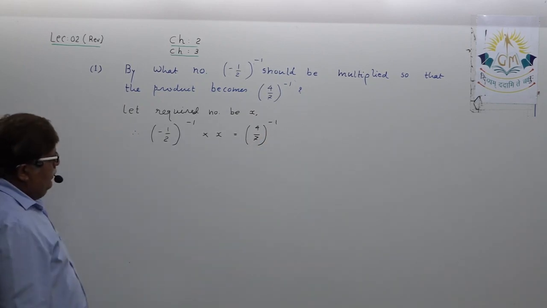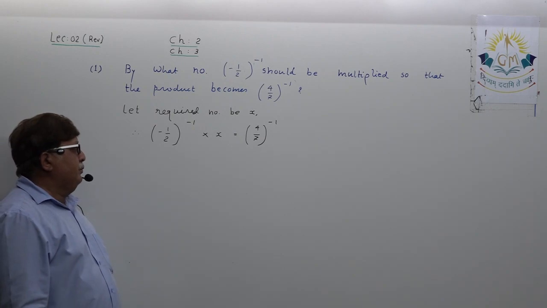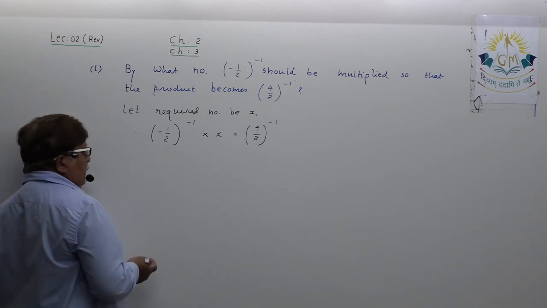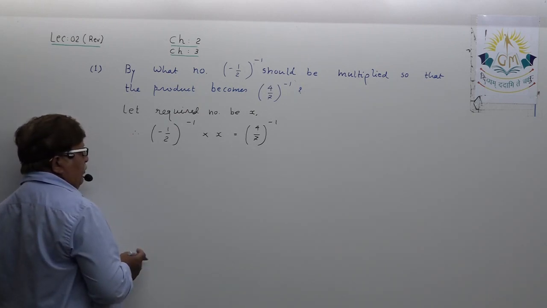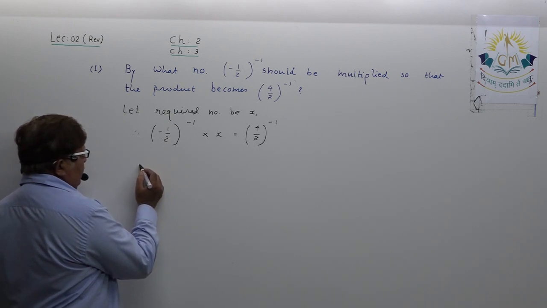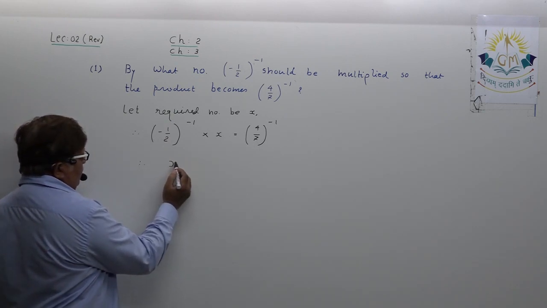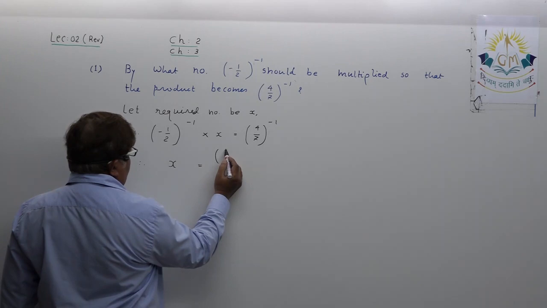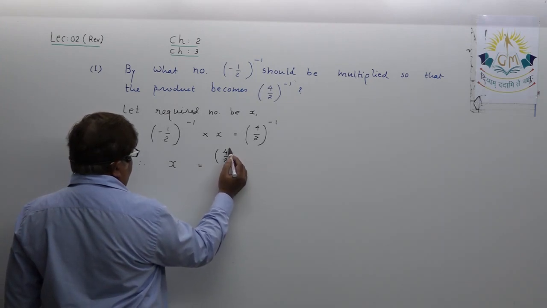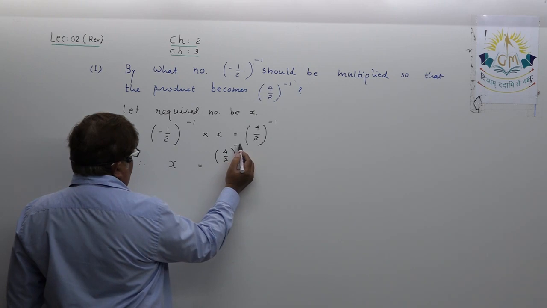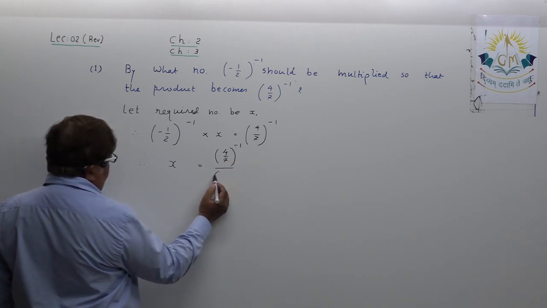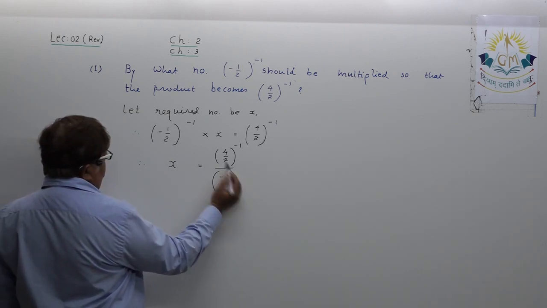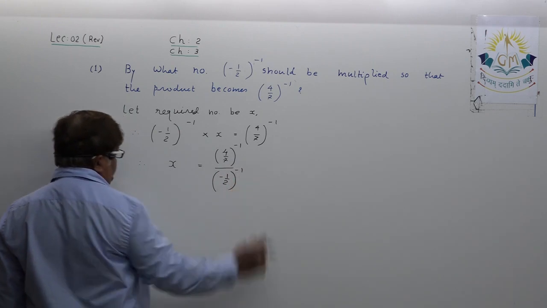Is it clear? The next step, if you want to follow the way we solved the previous example, is transferring the term, so you will get x equal to 4 upon 7 raised to minus 1 upon minus 1 upon 2 raised to minus 1.